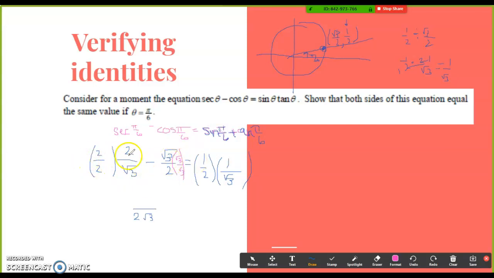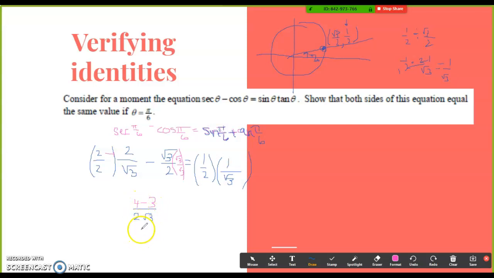In our numerator, we should have 2 times 2, which is 4, minus radical 3 times radical 3, which is radical 9, which is 3. So we have 4 minus 3, which is 1.